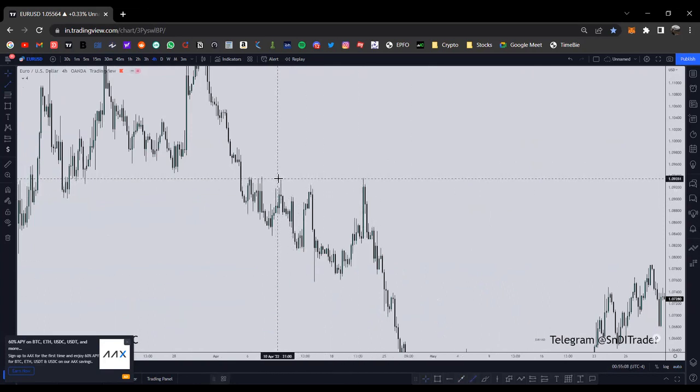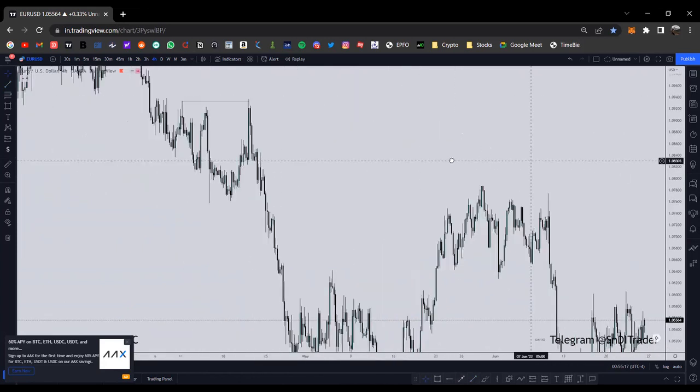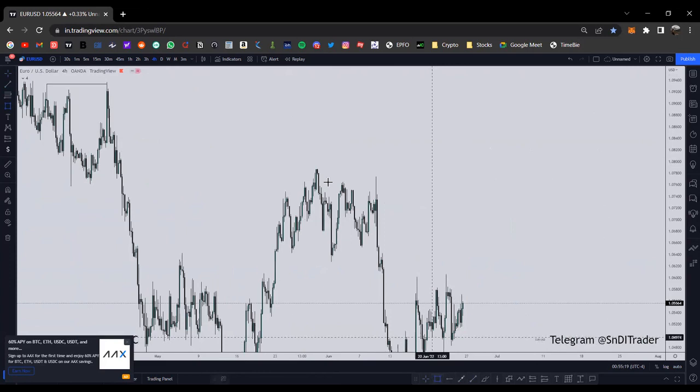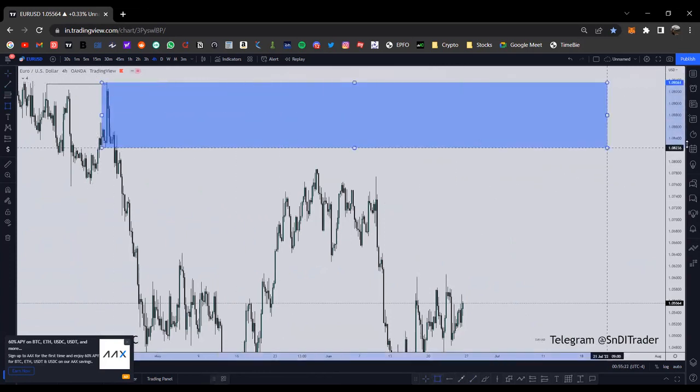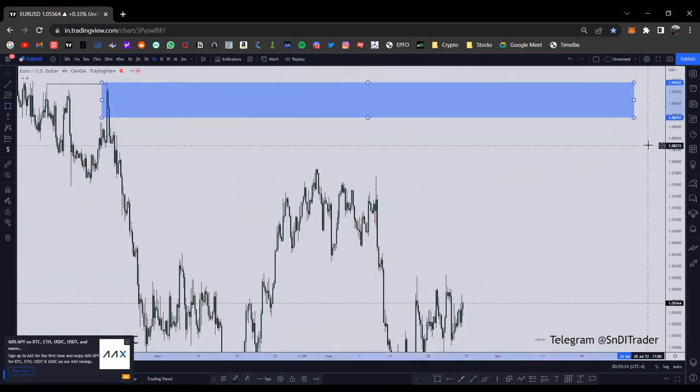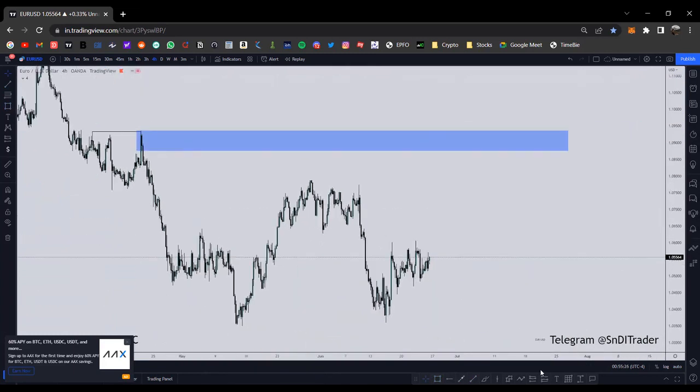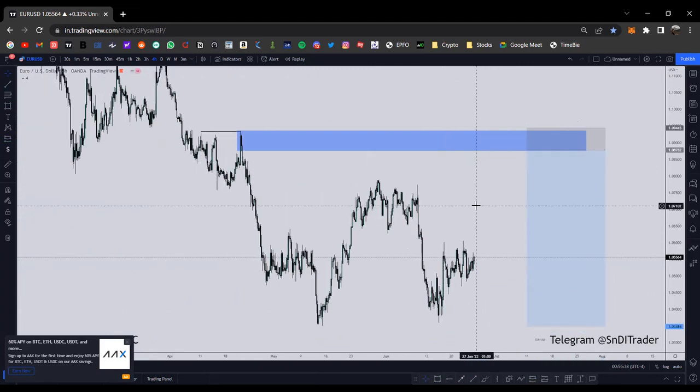This high has taken out liquidity as well. So what can happen? Price can come here and mitigate this order block and give a nice sell move from here. So this can be your valid point of interest. So that is how these things work.